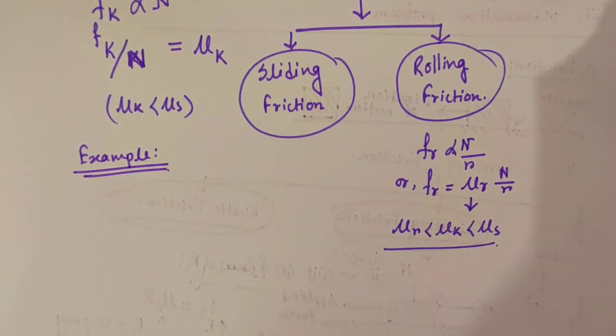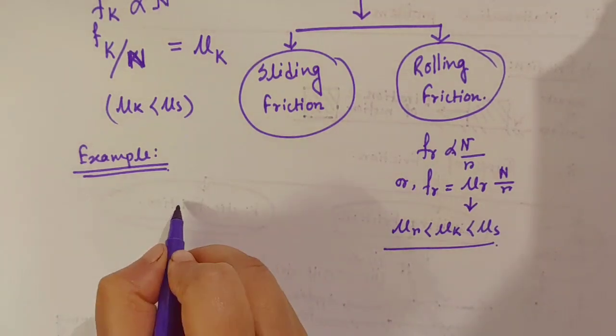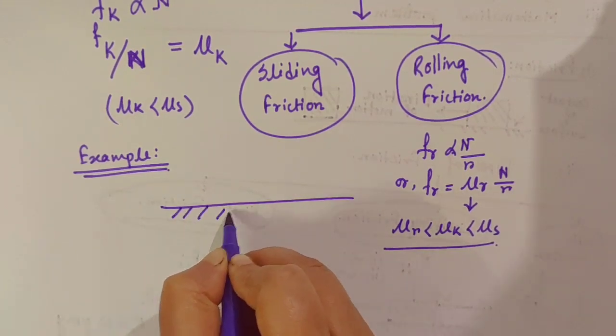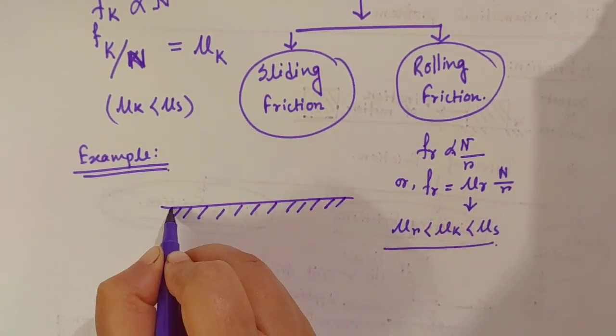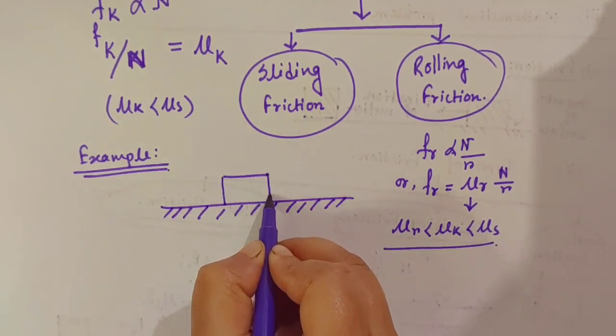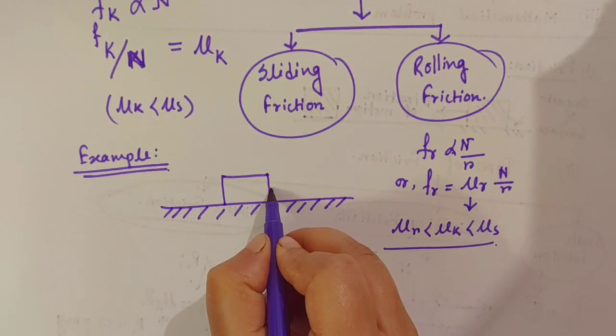Suppose a block of weight W rests on a horizontal plane. A force P inclined at an angle theta to the plane is applied to the block until it is on the verge of motion. Find the value of coefficient of friction. So simply first we have to draw the free body diagram. Suppose this is our surface and this is our mentioned body.